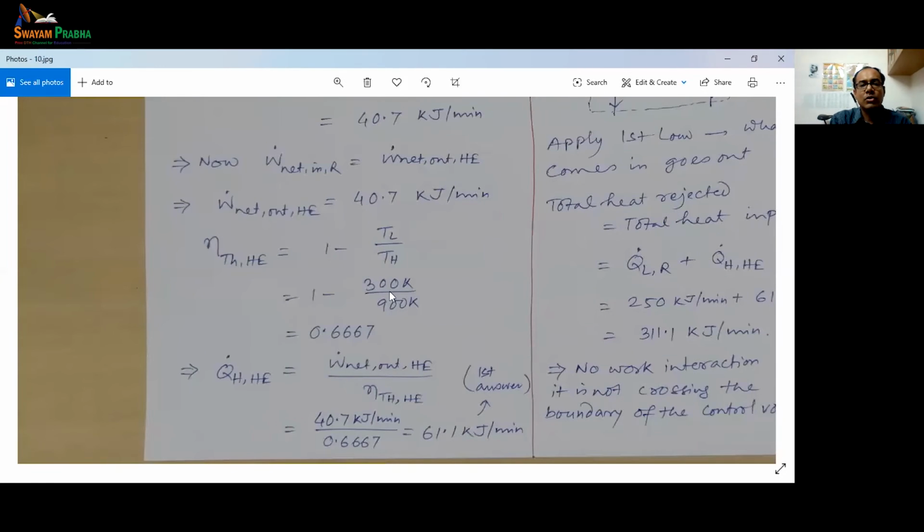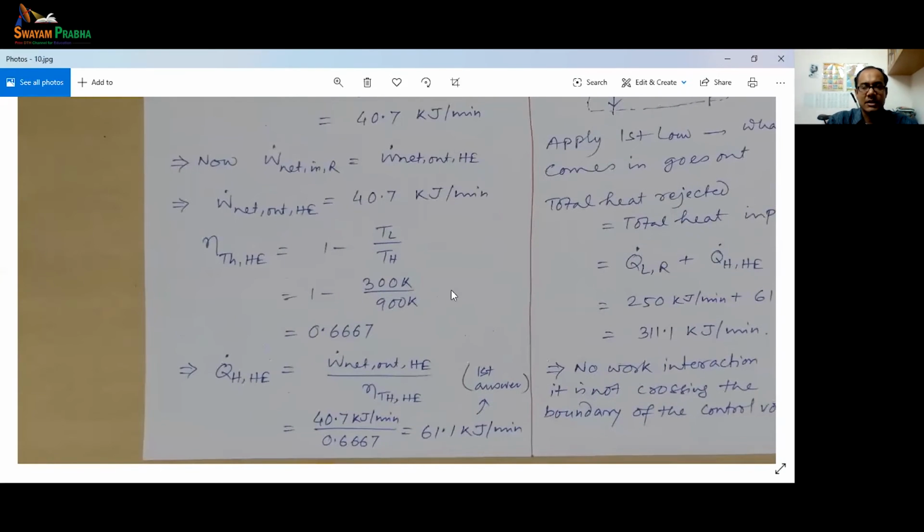And here we know the low temperature reservoir is 300 Kelvin, high temperature reservoir is 900 Kelvin. Okay, so the thermal efficiency is 0.6667 or 2/3 or 66.67%. Okay, any form you can express it. Usually it is expressed in percent.